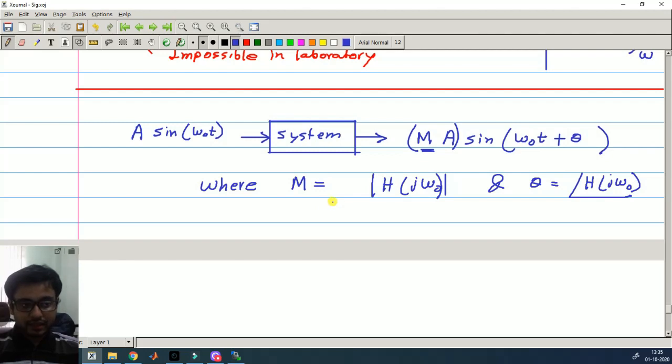Okay, so let me draw. Suppose this is your input sine omega naught t, then the output will be magnified by a factor of m and advanced by the phase theta. So that will be something like this.